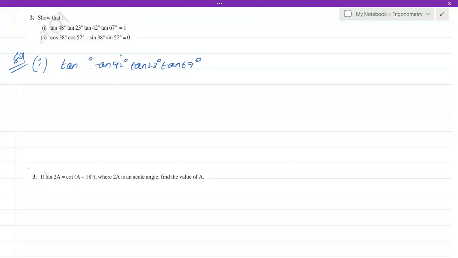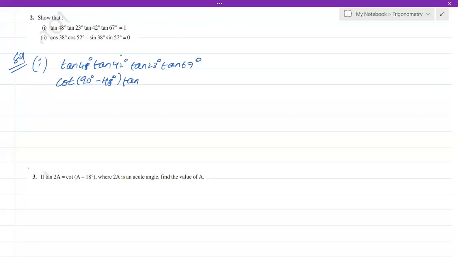Now out of this complementary pair, keep any one thing, change the other one. Same thing, out of this pair, keep any one thing, change the other one. So let me change the tan 48. Tan theta can be written as cot of 90 minus theta. So it becomes cot of 90 minus 48.